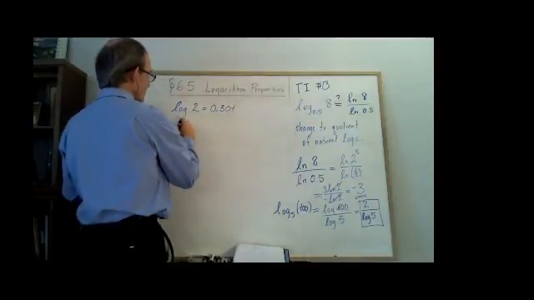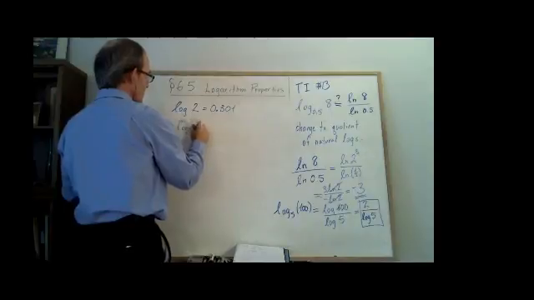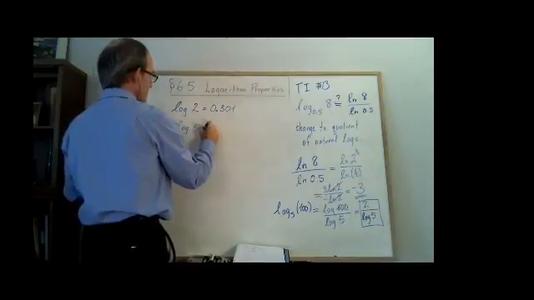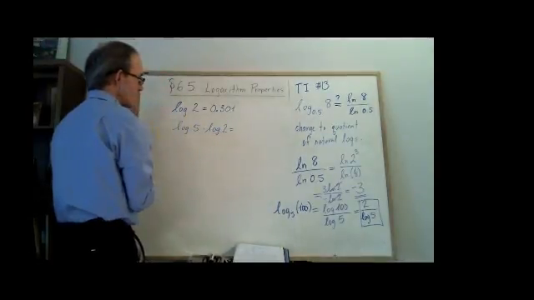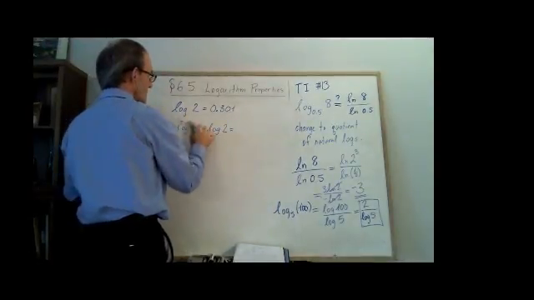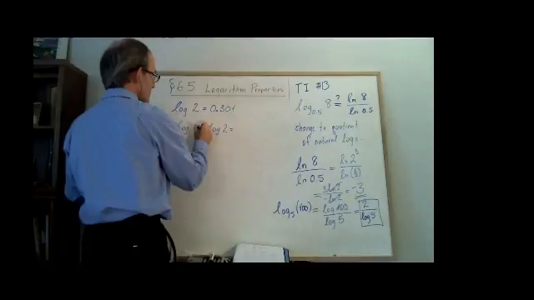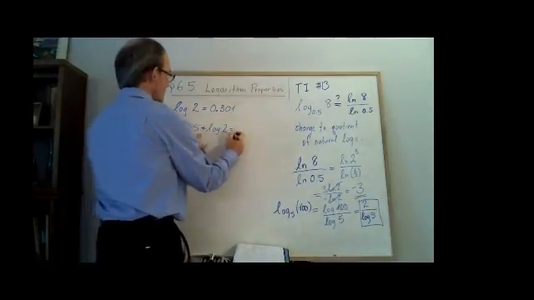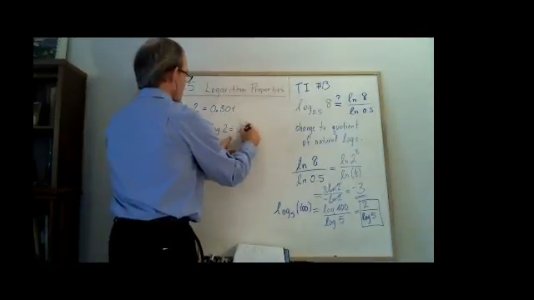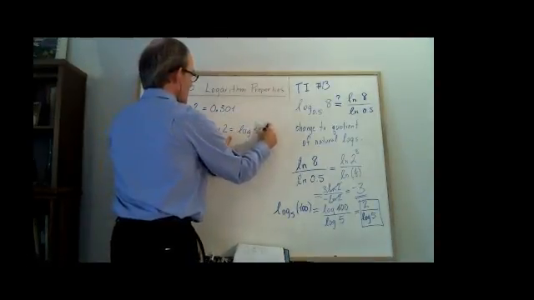So how do I get log base 10 of 5 if I know that? Well, log 5 plus log 2 is equal to what? Well, using the sum rule for logarithms, or the product rule for logarithms, this is equal to log of 5 times 2, which is log base 10 of 10.